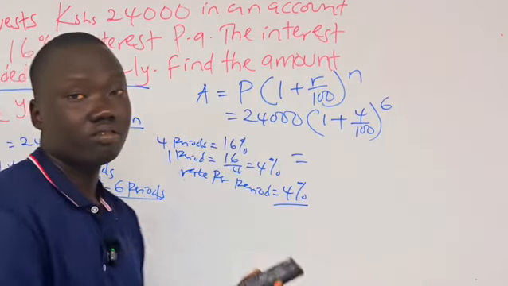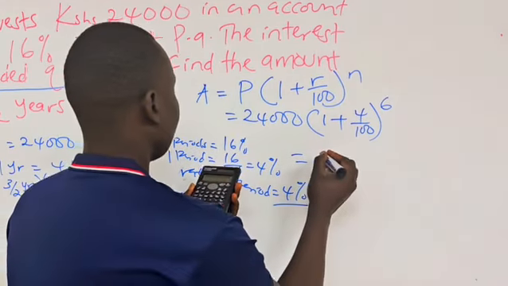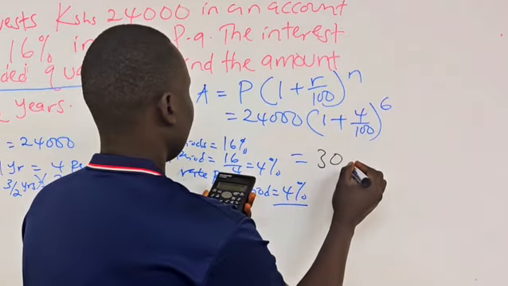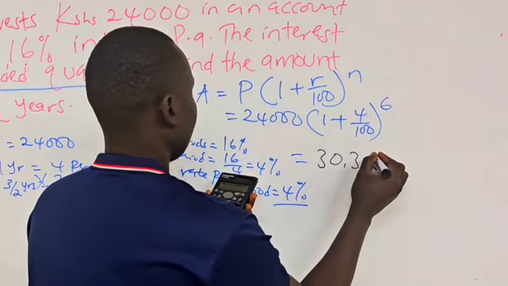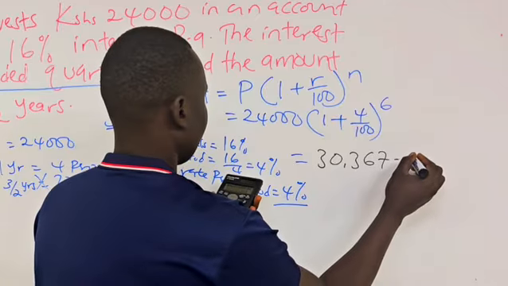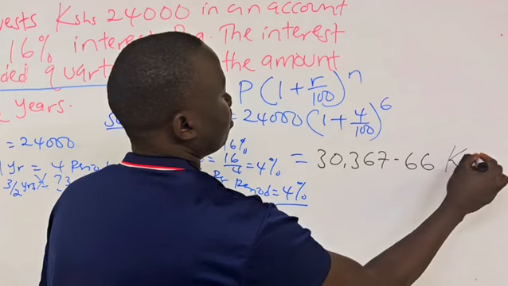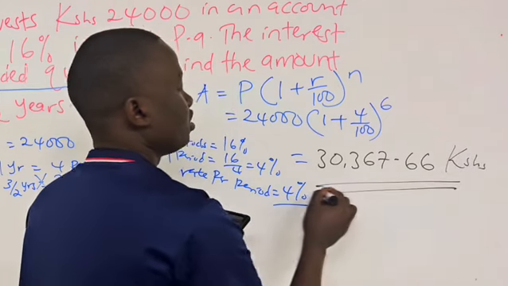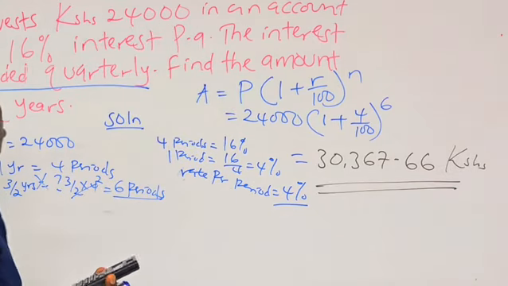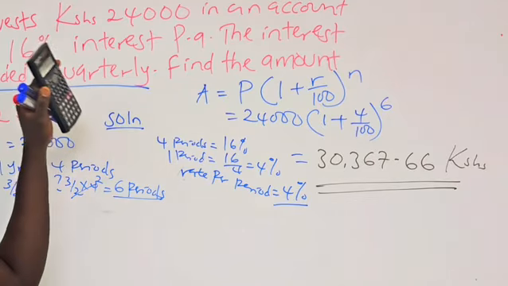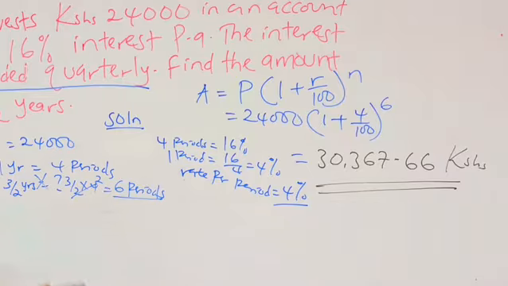When you work it out, you will have 30,367.66 Kenyan shillings. This is the amount after 1.5 years if the compounding is done quarterly.